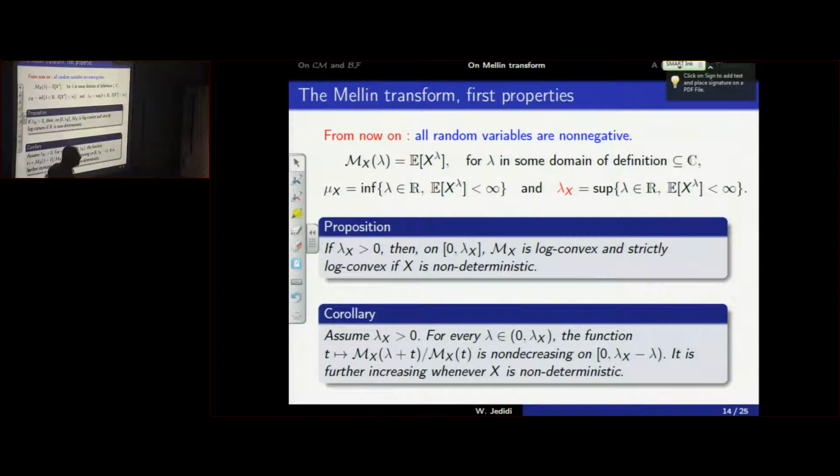What is the Mellin transform? It's simply the integral of x power lambda versus the distribution, the measure of x. Don't be afraid of the notations of expectation. It's an integral. Of course, most of you know the concept of Mellin transform, if you are an analyst at least.